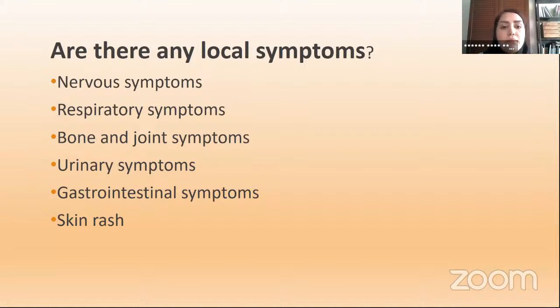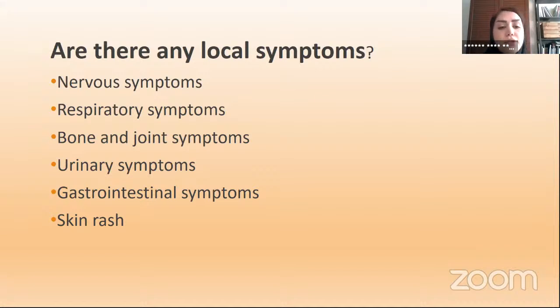And there are some local syndromes. As I told you, the importance of local symptoms is that you can understand the source of the fever, and your management and follow-up will be easier. For example, nervous system symptoms, or respiratory symptoms that are related to, for example, viral pneumonia, bacterial pneumonia, bone and joint symptoms.